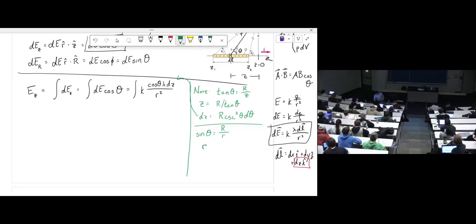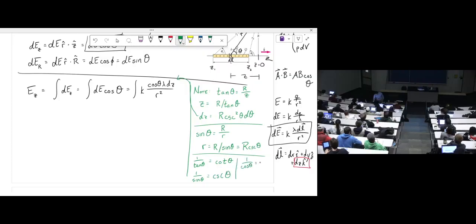So that means little r is equal to big R divided by the sine of theta, or big R times the cosecant of theta. If you've forgotten at this point, which is fine, 1 divided by the tangent of theta is a cotangent. 1 divided by the sine of an angle is the cosecant of that angle. And 1 divided by the cosine of an angle is equal to the secant of that angle.